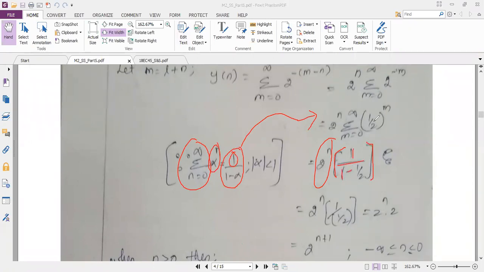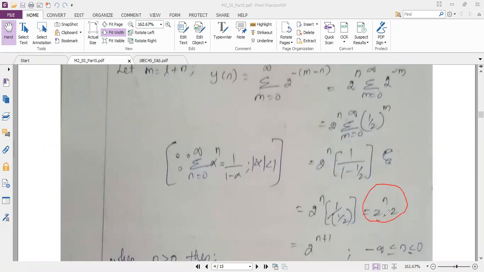In place of alpha, I have 1 by 2, so 1 minus 1 by 2. If you simplify, you will get 2 power n multiplied with 2. Since the base is 2 and 2 only, I can combine the base and add the powers. So it is 2 power n plus 1. This is the answer.